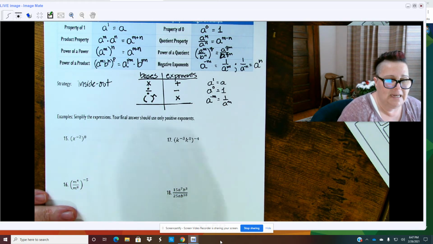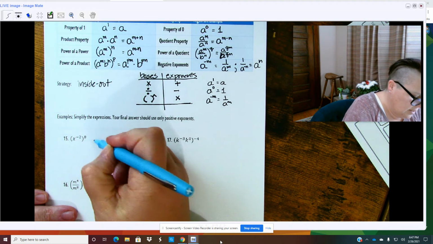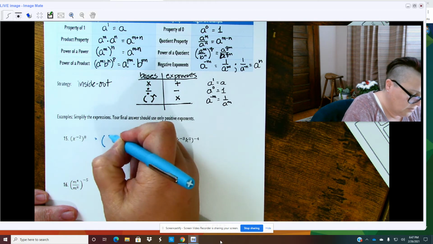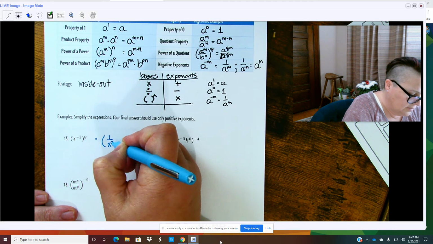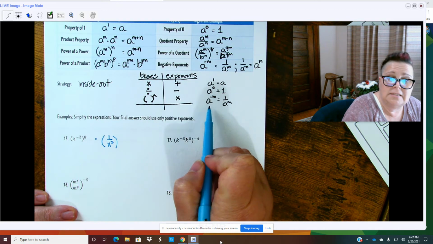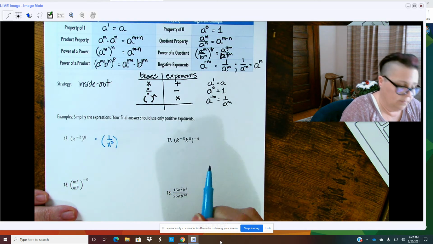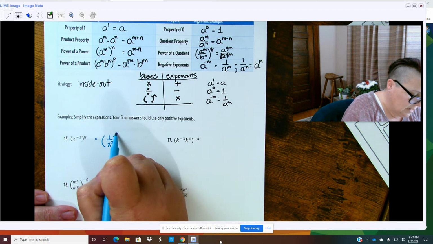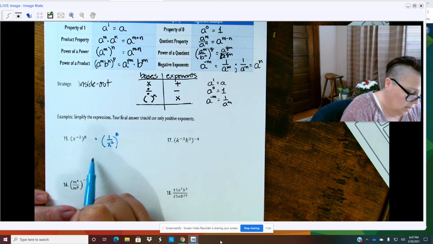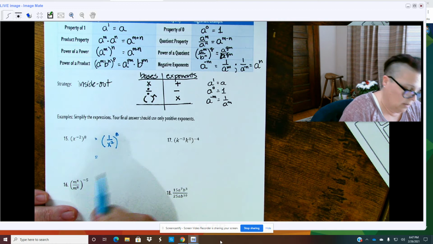We've got x to the negative second, to the 8th. X to the negative second, I can rewrite as 1 over x to the second. That's using a to the negative m is the same as 1 over a to the m. That's got to be to the 8th power. Now, I can use my power to a power here.